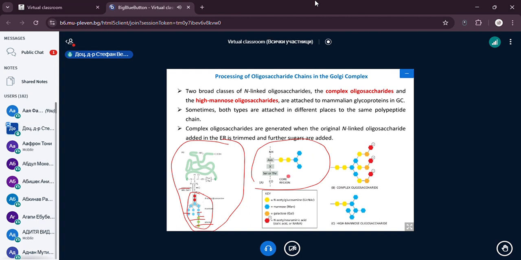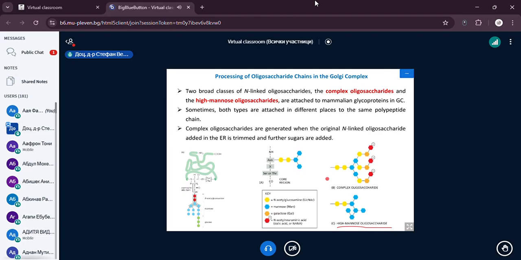But then new sugars can be added. It can be either additional mannose residues that can be added here, here, here, here, and this protein becomes very rich in mannose residues, and it is called a high mannose oligosaccharide linked to the protein.